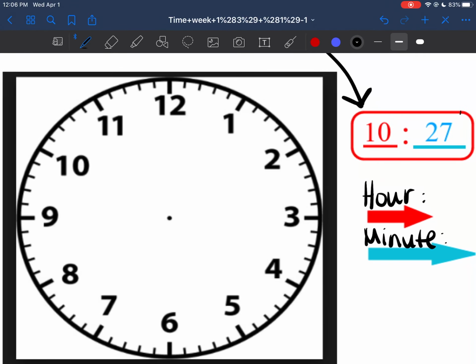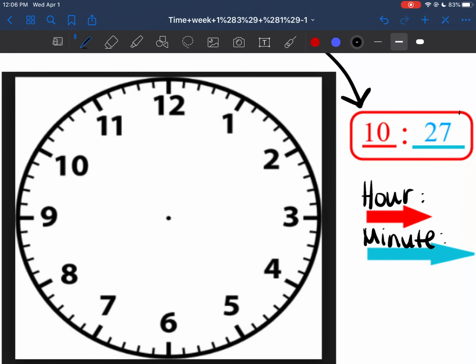All right, the first thing that you need to do is represent your hour hand, okay? So the hour hand's the shorter hand. We know that in our digital clock, the hour is reading 10. So I'm going to draw a short hand going to 10. Our minute hand is representing 27 minutes. Where does 27 minutes fall on this clock? Well, let's figure it out.